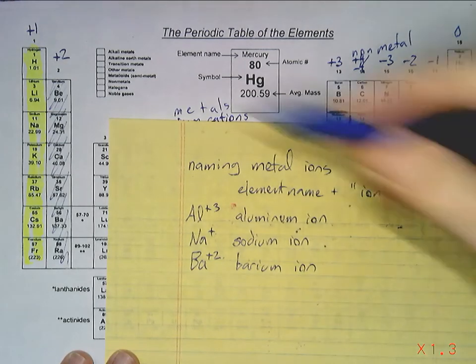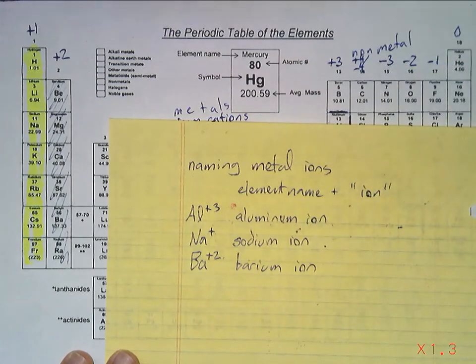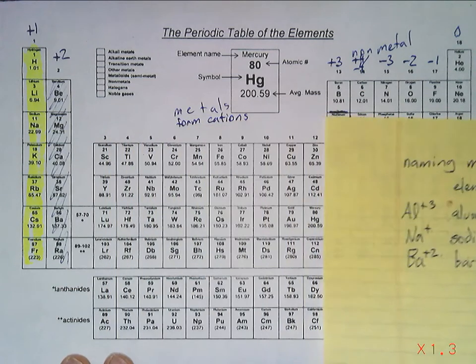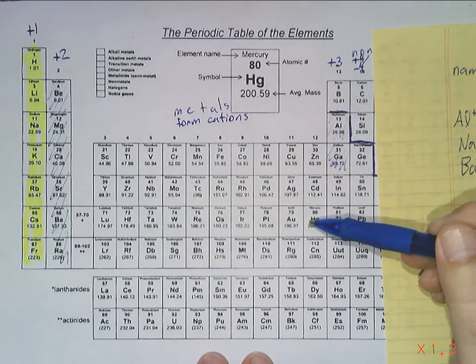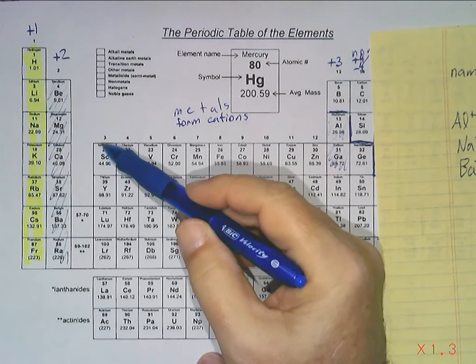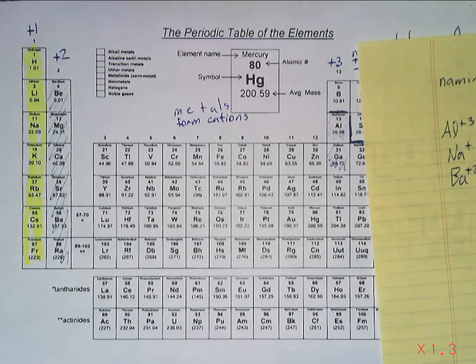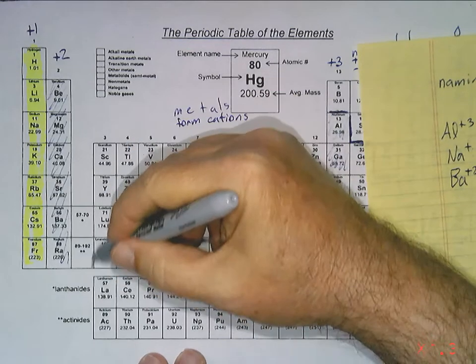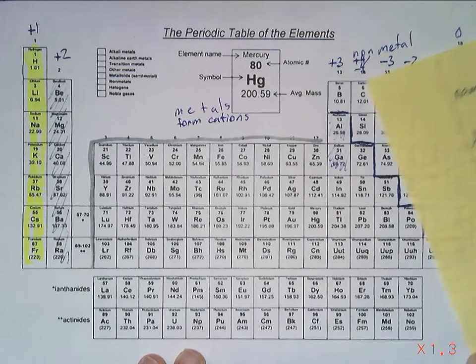All right, that's fine when I am pretty sure about what the charge is and that there is only one charge on the metal ion. But what if I have metal ions that can have more than one charge? And this is the case for all of the transition metals here, for all of the things that I have in this area right here.